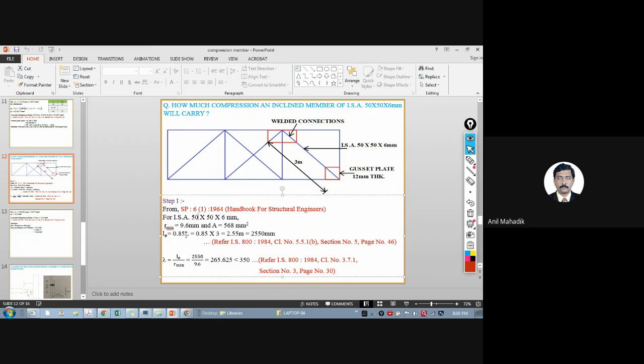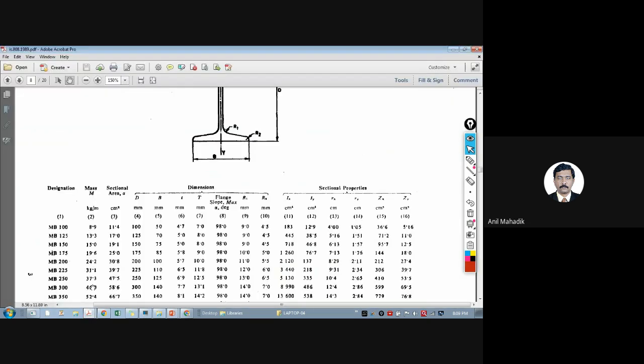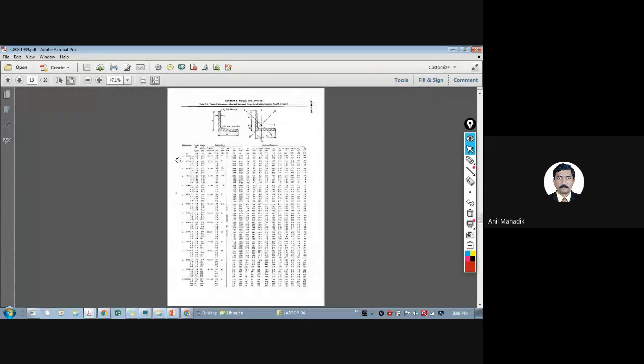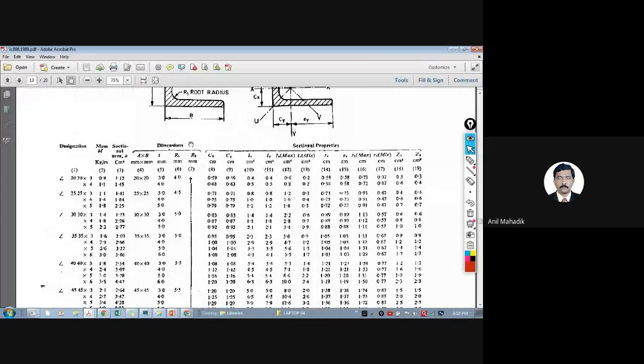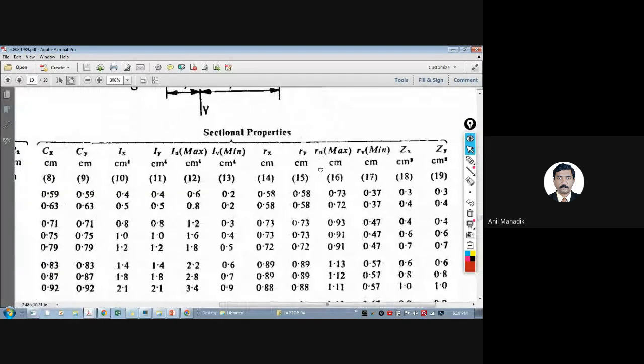So we know the cross section, so we get the R minimum value from the steel table. For an 8 by 8 angle, you will get those values of the R minimum. So here you will get these values. There are I values, R values, R minimum. See, in this case, there is a peculiarity here.